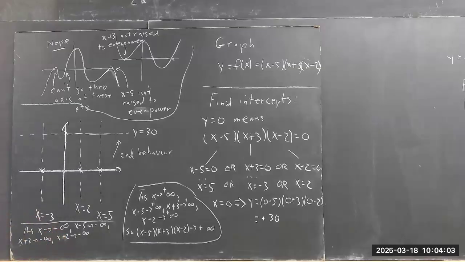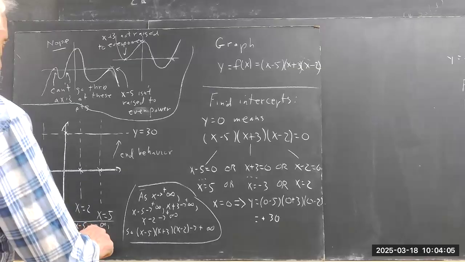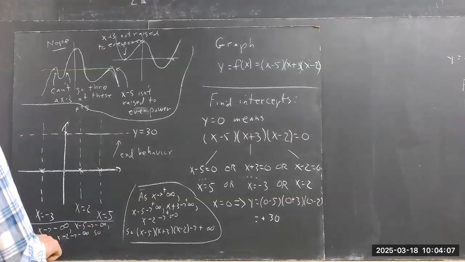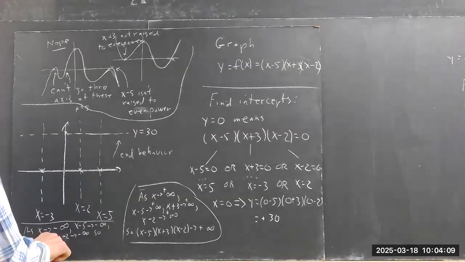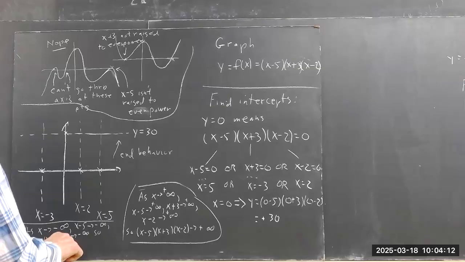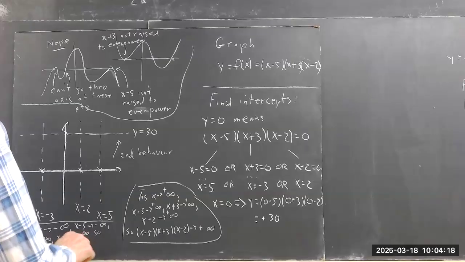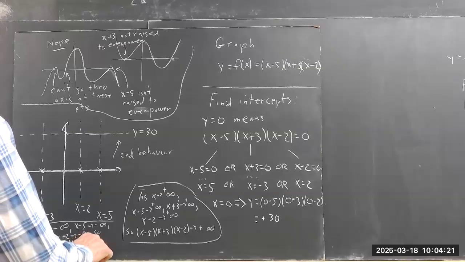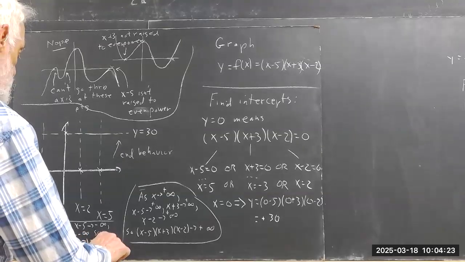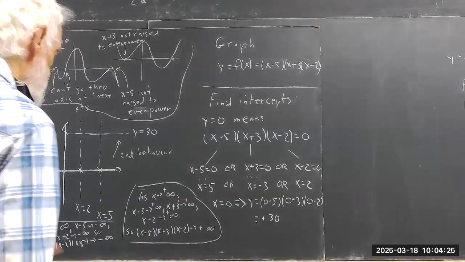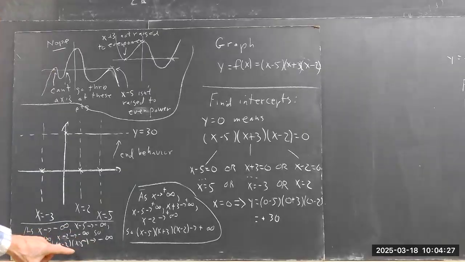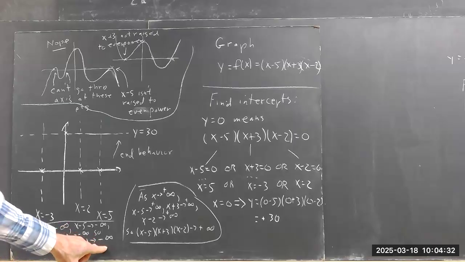Okay, all these go to negative infinity. So their product, x plus 3 times x minus 2 times x minus 5, if you multiply three big humongous negative numbers, you're going to get a really super humongous negative number here.